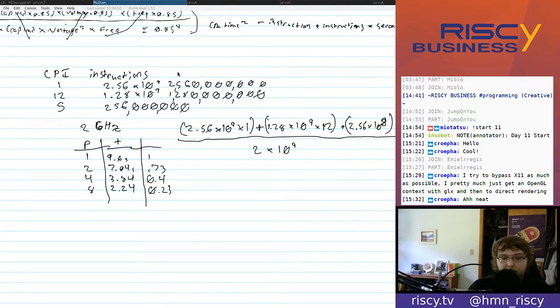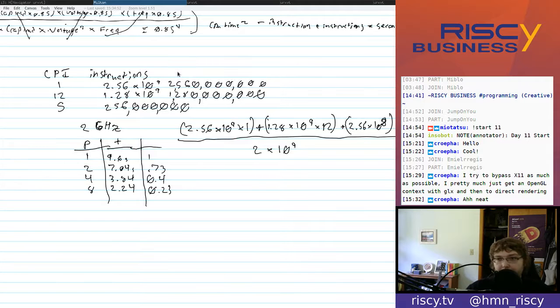So let's move on to 1.9.2. If the CPI of the arithmetic instructions was doubled, what would the impact be on the execution time of the program on 1, 2, 4, or 8 processors? So arithmetic was the one that has a CPI of 1.